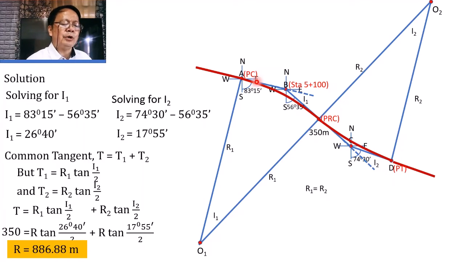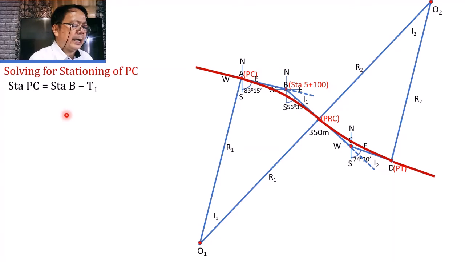And how are we going to solve for the stationing of PC? We will find that the stationing of PC will be equal to the stationing of B, having a magnitude of 5 plus 100, minus this value representing t sub 1. And so we can solve for that stationing by solving for t sub 1 first. The value of t sub 1, as we have known, will be equal to r sub 1 times tangent of I sub 1 over 2.